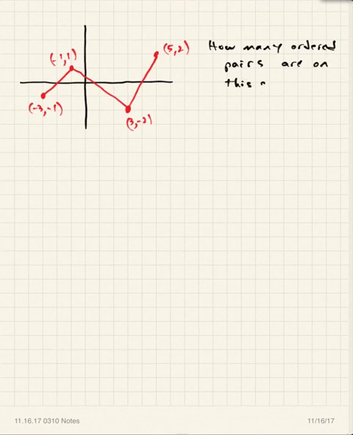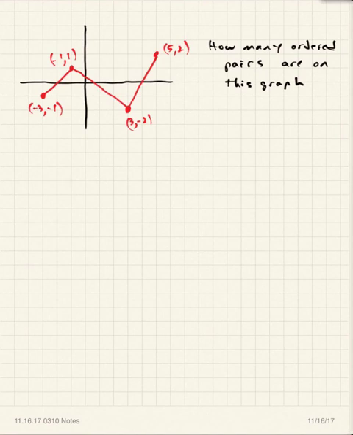But remember that when I draw those line segments, every point on that line segment is an ordered pair that's part of this graph. And points have no width, no height, no length. There's no dimension to a point at all. It's just a precise location. And so there's an infinite number of points on this line segment. Even though it stops in both directions, it doesn't matter.